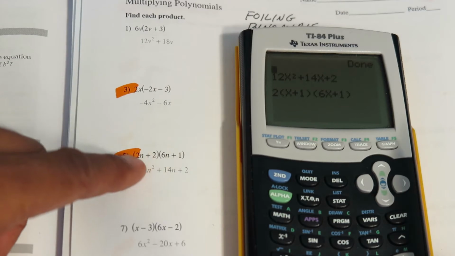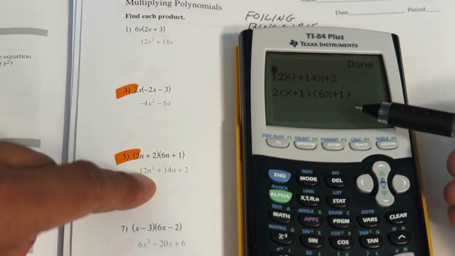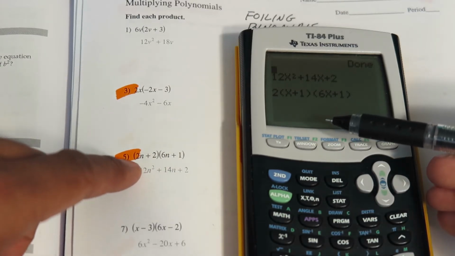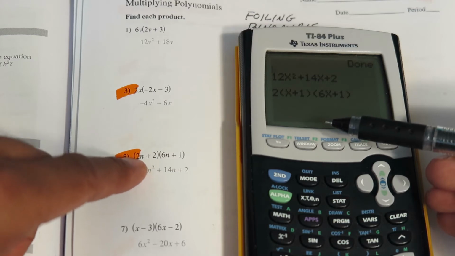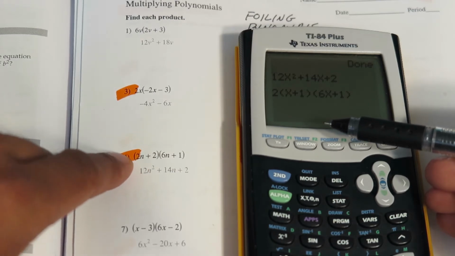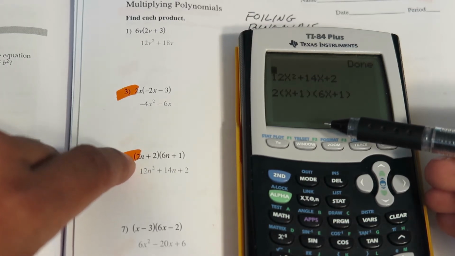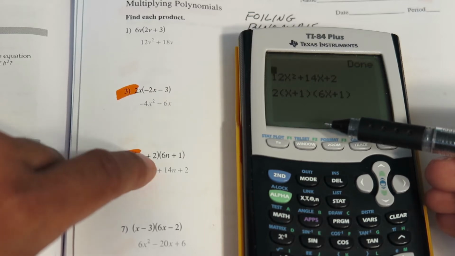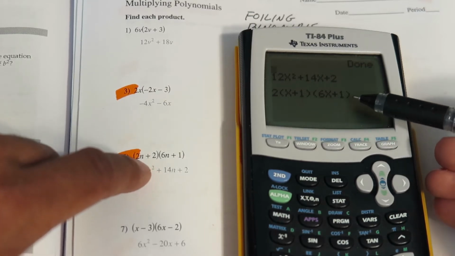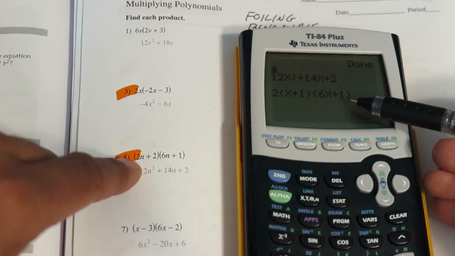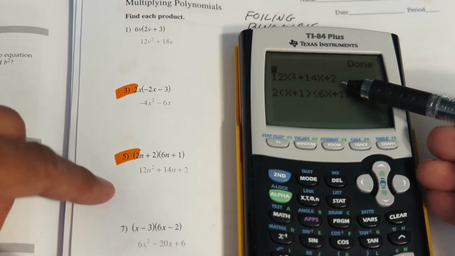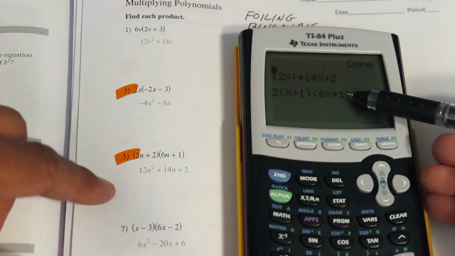So it's 2x, and look, it factors it completely. This one here actually has 2n plus 2. You can pull a 2 out of here, right? So you'd be left with 1n plus 1. So my program actually factors it completely. This is not factored completely. So you can give it the standard form and it'll factor it.